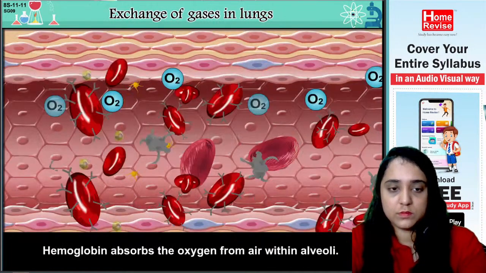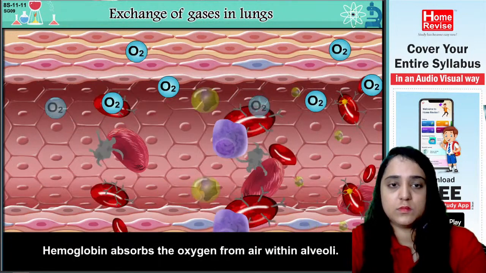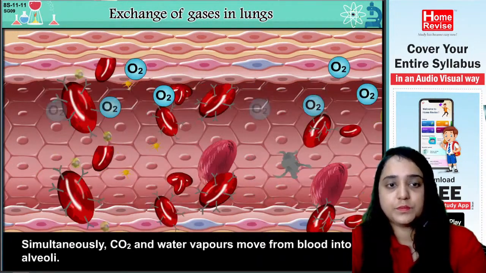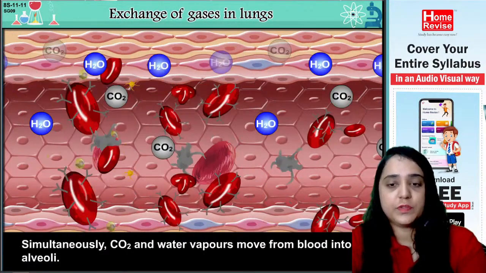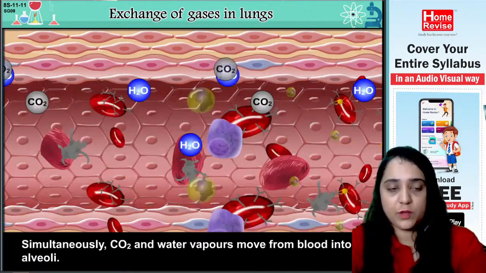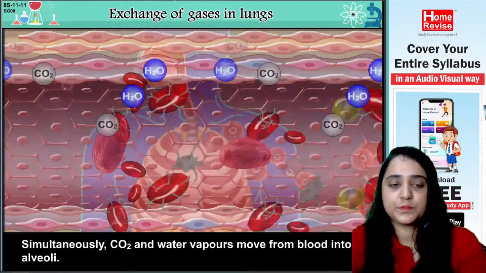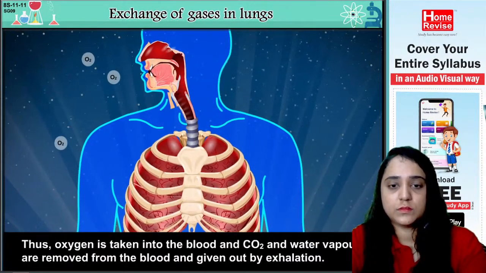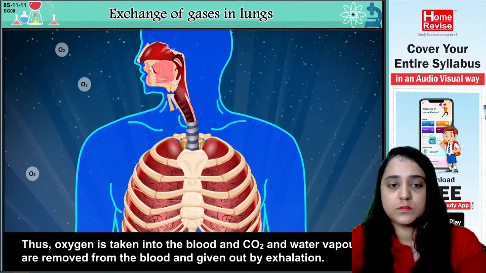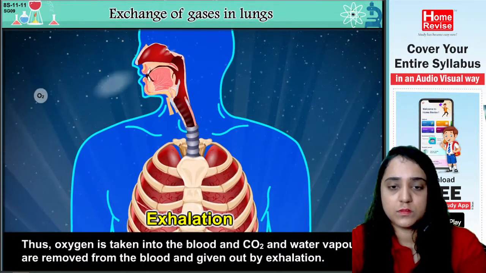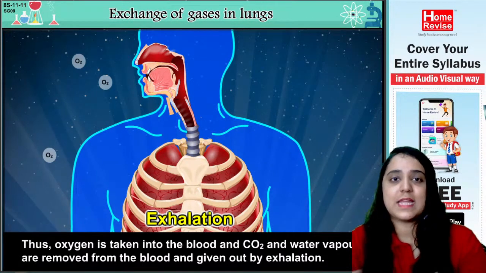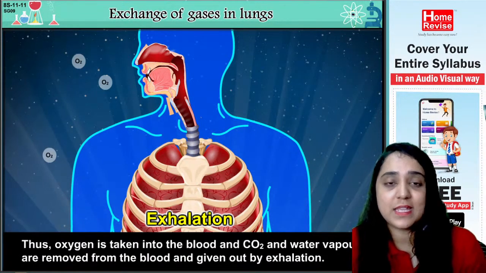Hemoglobin absorbs the oxygen from air within the alveoli. Simultaneously, carbon dioxide and water vapors move from blood into the alveoli. Thus, oxygen is taken into the blood and carbon dioxide and water vapors are removed from the blood and given out by exhalation. The whole exchange of the gases takes place in the alveoli.